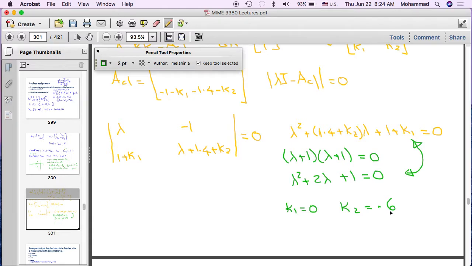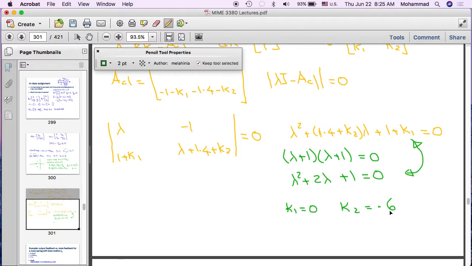So what does it mean for K1 to be equal to 0? It means the gain that you multiply by the first state variable is 0.